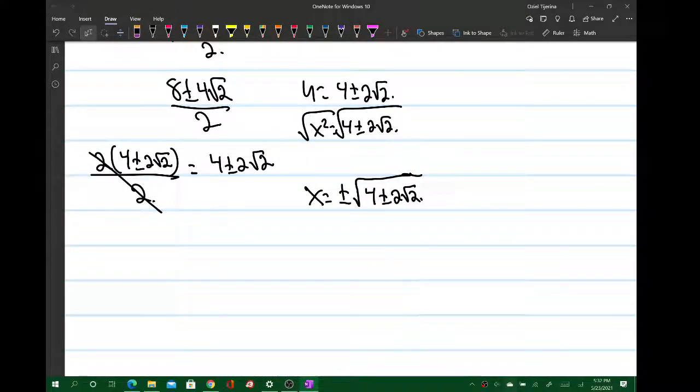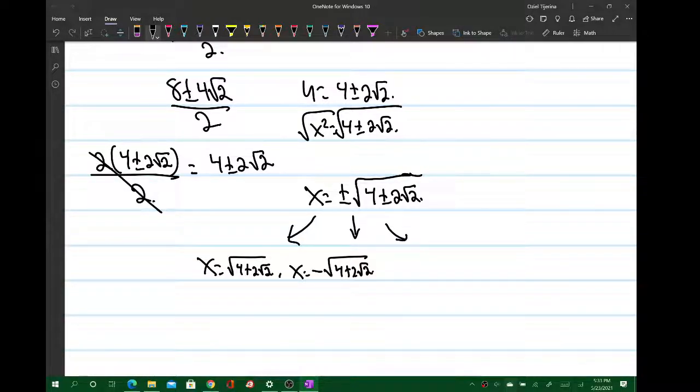Now, since we have 2 plus or minus terms, we can split this as follows. X equals positive the square root of 4 plus 2 square root 2. X equals negative the square root of 4 plus 2 square root 2, right?